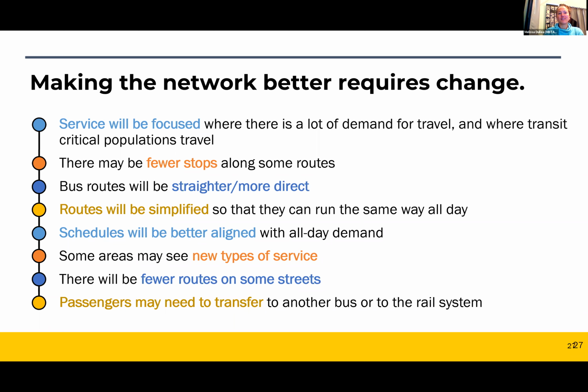So service will be focused where there's a lot of demand for travel and where transit critical populations travel. That includes, as Caroline mentioned, people of color, low-income populations, low or no car ownership households. There also may be fewer stops along some routes.